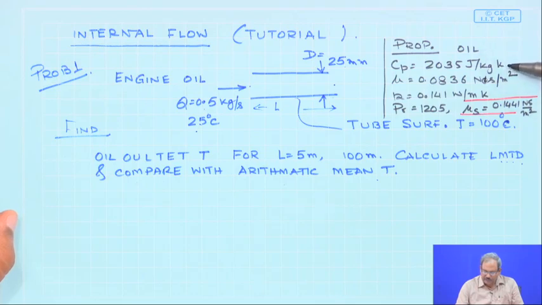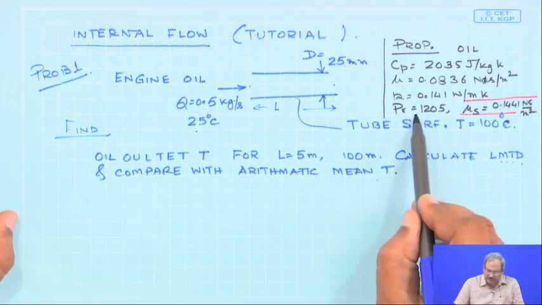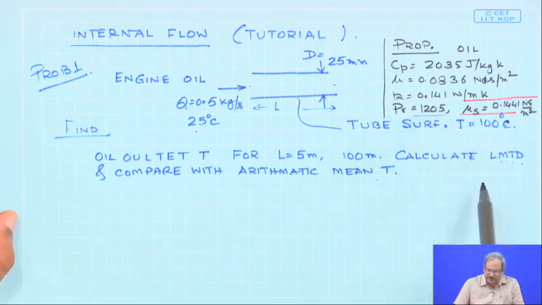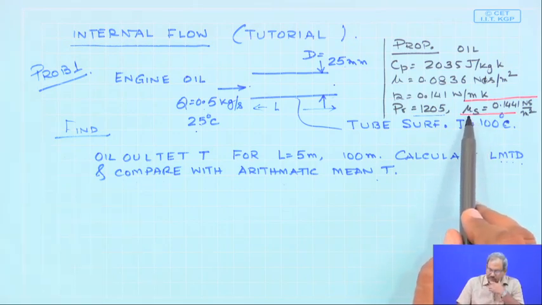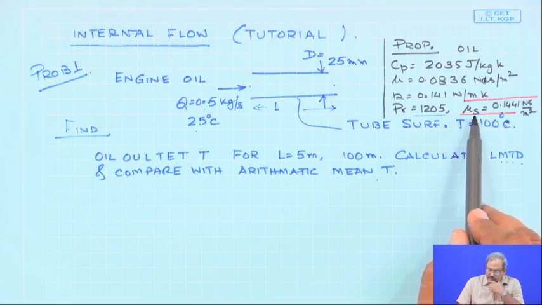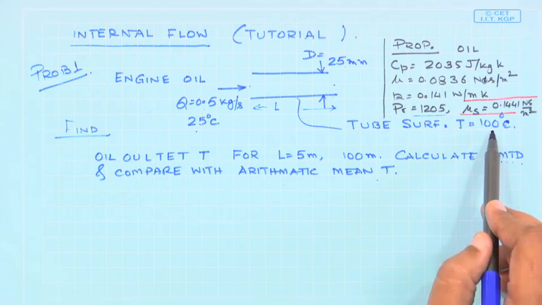The heat capacity is given, the viscosity is provided, the thermal conductivity, the Prandtl number for engine oil. Just see that it has a very high value of Prandtl number, but additional information which is provided, which I have marked in red, is the viscosity of engine oil at the temperature of the surface, which in this case is 100 degree.